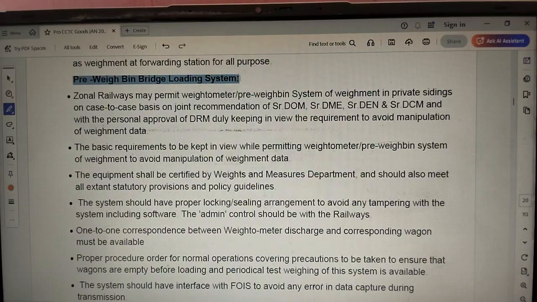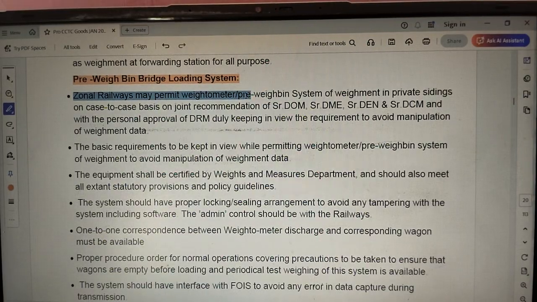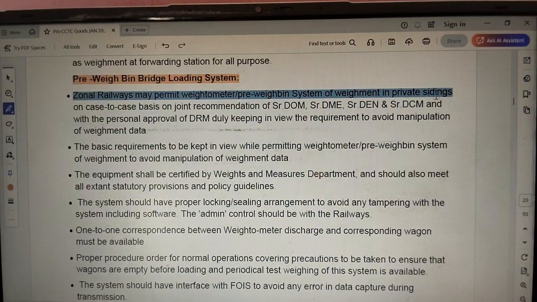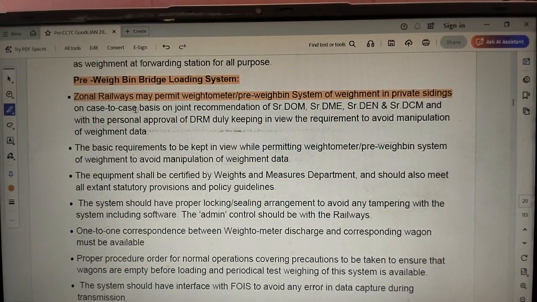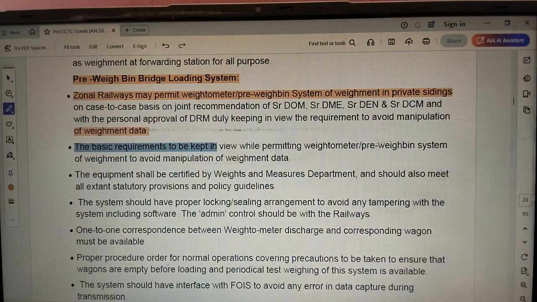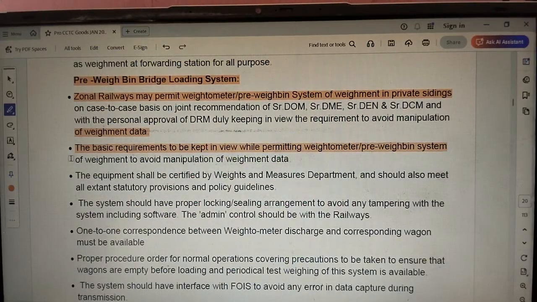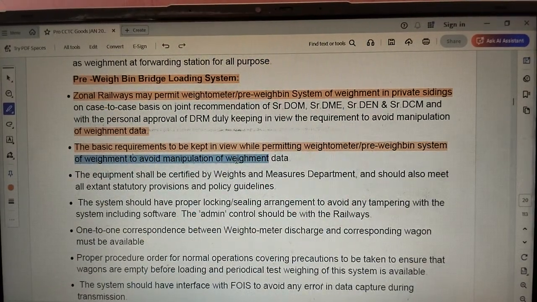Zonal railway may permit pre-weighment system of weighing at private sidings case to case, on the joint recommendation of senior DOM, DME, senior DEN, DCM, and with the personal approval of DRM, duly keeping in view the requirement to avoid manipulation of weighment data.